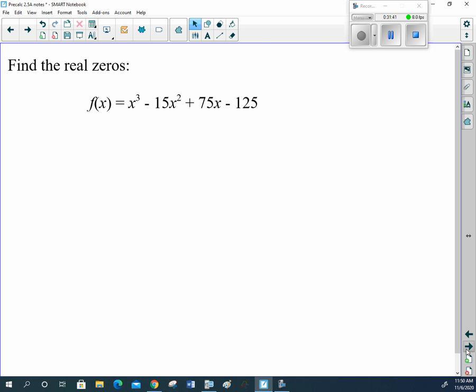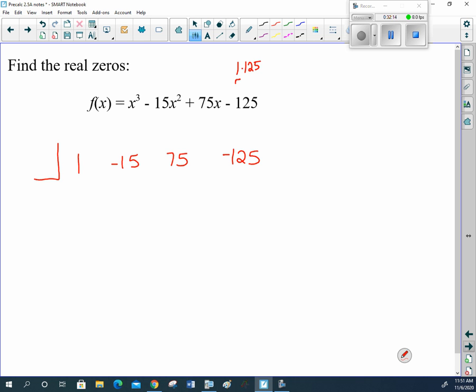So you're going to have to go to your synthetic chart and try to figure out a number. Well, I actually don't know what number I want to use yet. So let's do 1, -15, 75, and -125. Okay, for the sake of time, our choices are all of the factors of 125, right? 1 times 125, so we have positive and negative 1.